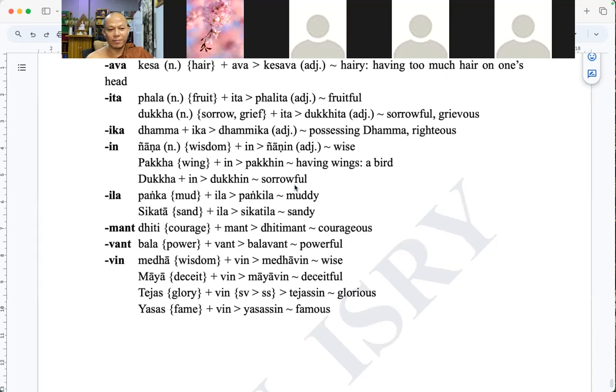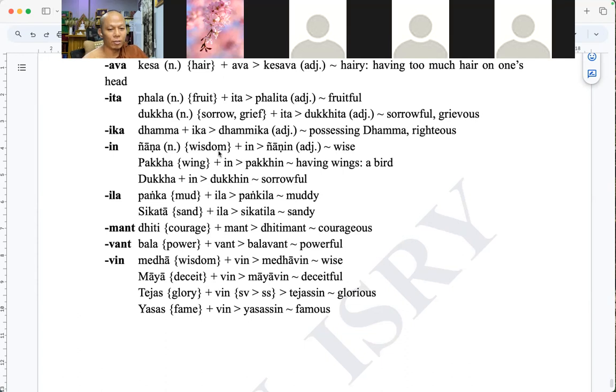Just one point of curiosity, Bante. Why can one word, for example dukkha, also take two different suffixes, ika or in? The meaning is still the same.